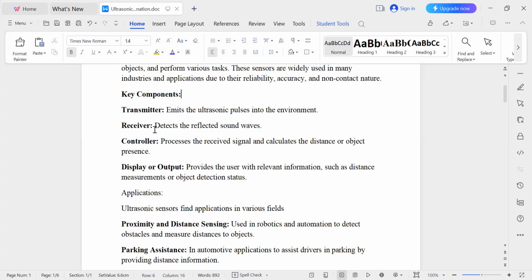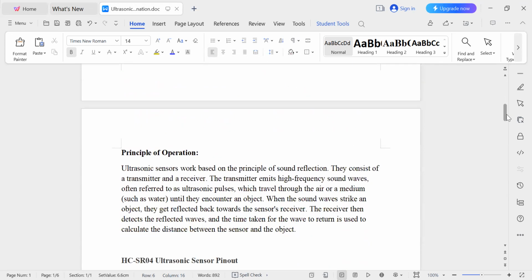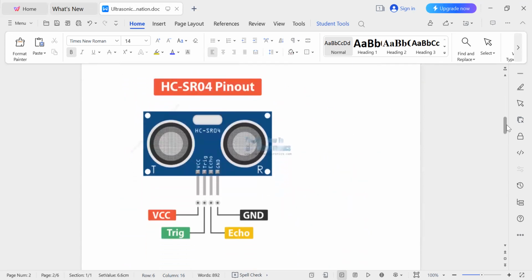We use the ultrasonic sensor in most IoT experiments to interface with the NodeMCU. This module is used. The module number is HC-SR04. It has 4 pins: VCC pin, trigger pin, echo pin, and a ground pin. How to use this and what the working principle is, I'll explain now.